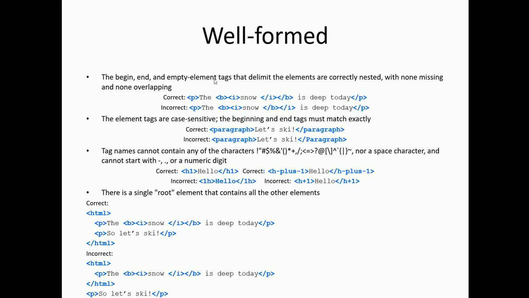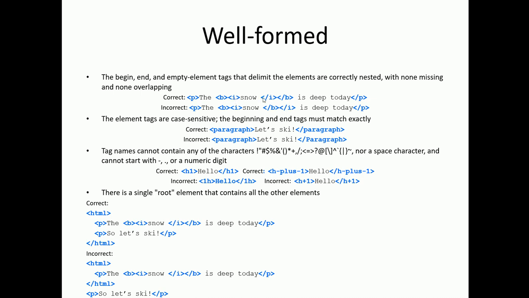So, well-formed means that begin tags, end tags, and empty element tags are correctly nested, with none missing and none overlapping. What I mean by that is we have this paragraph tag with properly nested content.